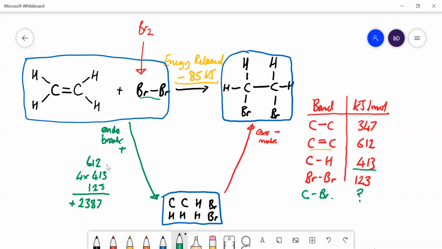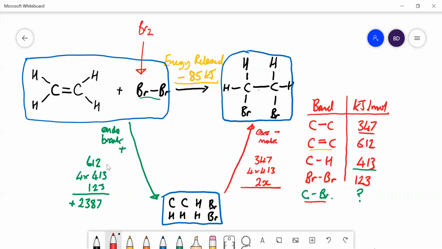Now, making, on this side now, we're going to make a carbon-carbon single bond, so that's 347. We're going to make 4 carbon-hydrogen bonds, each one of those is 413. And we are going to make 2 carbon-bromine bonds, and we don't know the value of those, so let's say each one is X, so that's going to be 2X.